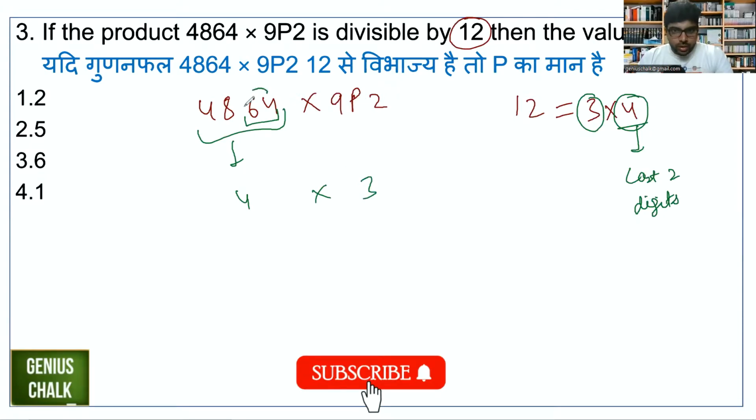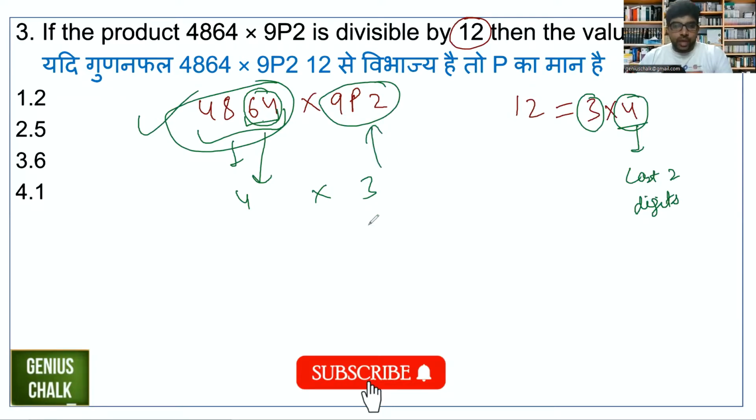So 64 are the last two digits of this number, and 64 is completely divisible by 4. That means this complete number is also divisible by 4. Because 4 is done, now I'm left to check whether this number is divisible by 3 or not, and under what condition it can be divisible by 3. So let's check. If this is 9p2, what is the rule for 3? I guess you know this.